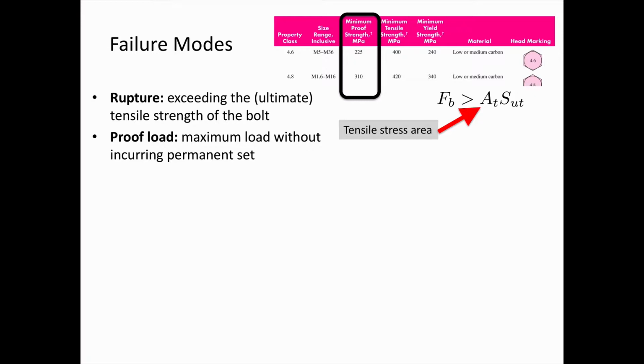The proof load is lower than the tensile strength of the bolt. This is the maximum load that we can have applied to the bolt without incurring a permanent set. The proof load is equal to the tensile strength area times the proof strength of the bolt.